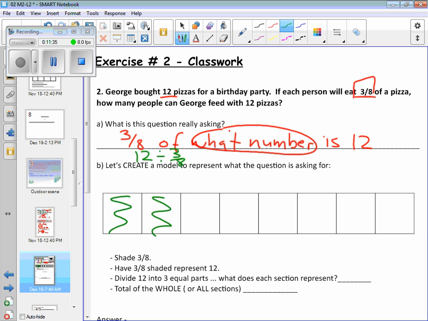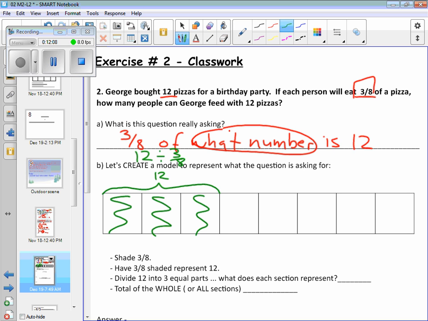Shade 3, everybody, and put a little bracket above the 3 that you shaded. Now, those 3 out of 8 represents 12.